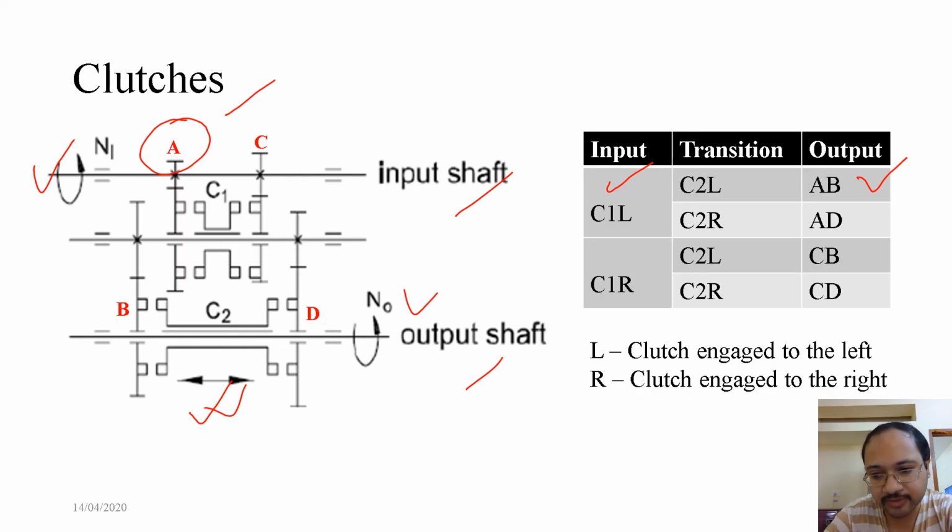It is also to be noted that for the same module, the sum of the number of teeth in a pair of meshed gears is fixed. So coming back to the table, this is one combination. There could be three other combinations of how C1 and C2 are engaged to the left or to the right.